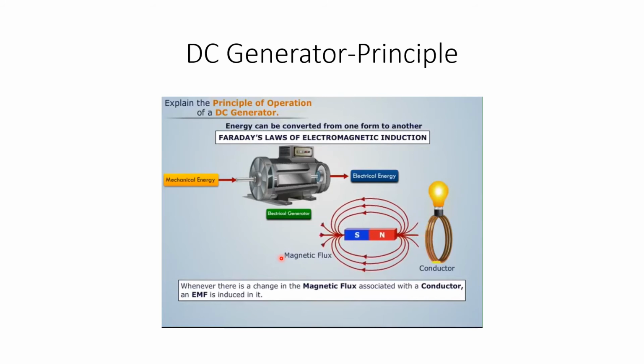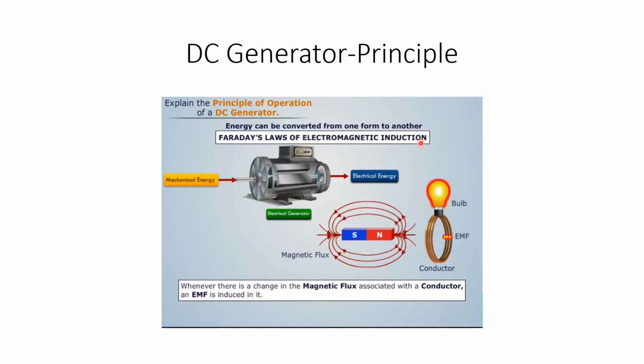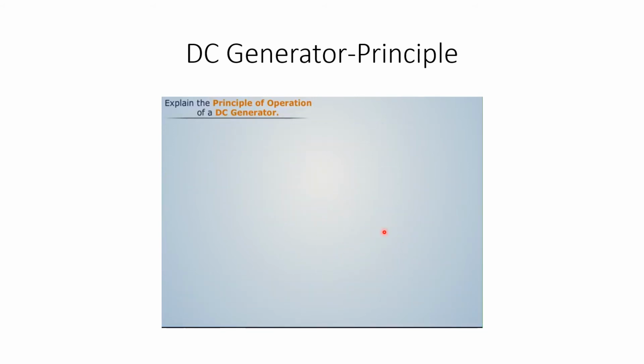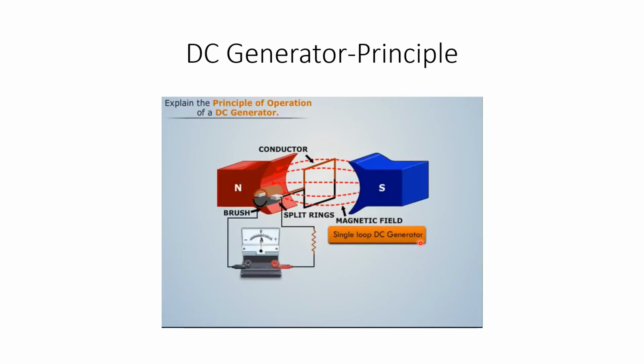So the DC generator acts as a mechanical to electrical conversion device. It works on the principle of Faraday's law of electromagnetic induction: whenever there is a change in flux, there will be an EMF induced.